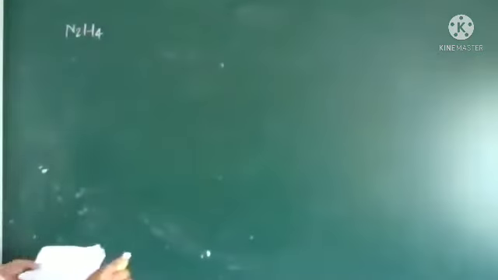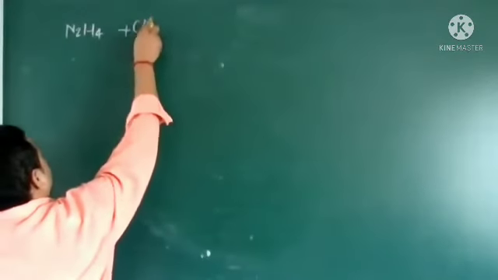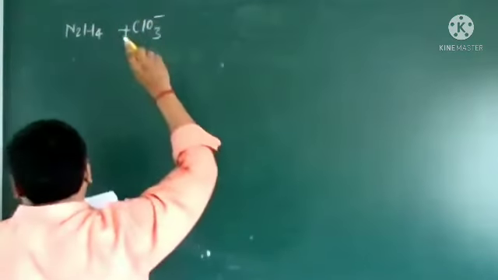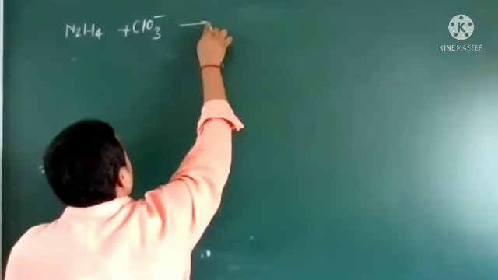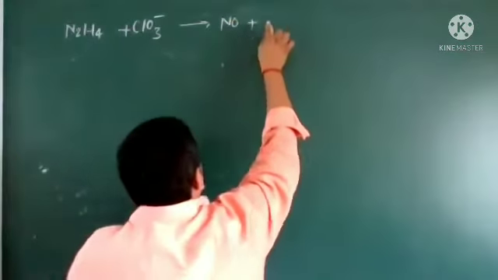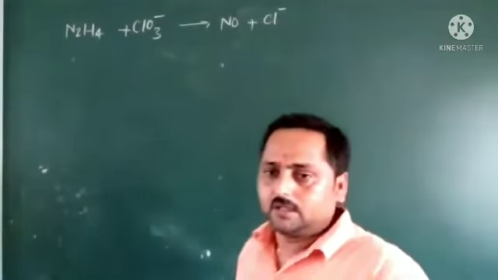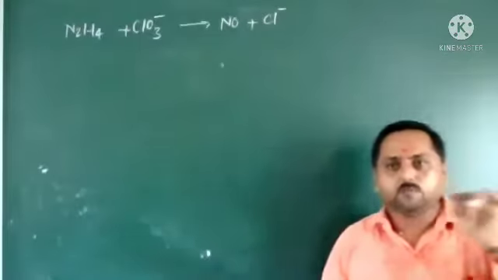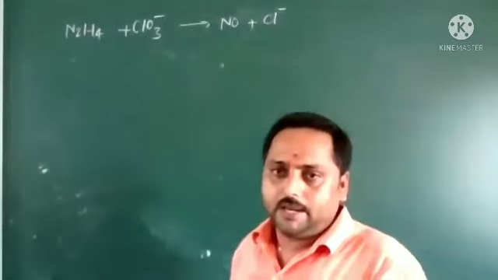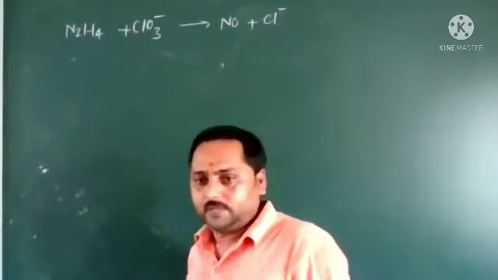It is from your exercise. N2H4 plus ClO3- gives NO plus Cl-. This is the equation. It is from your book, question 8.19. You can see it from there.